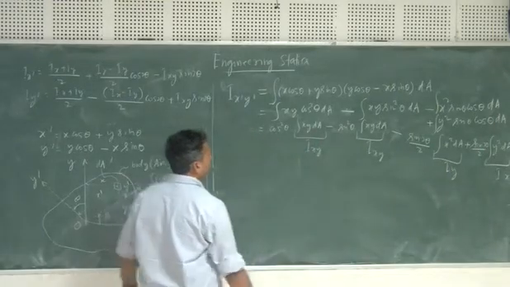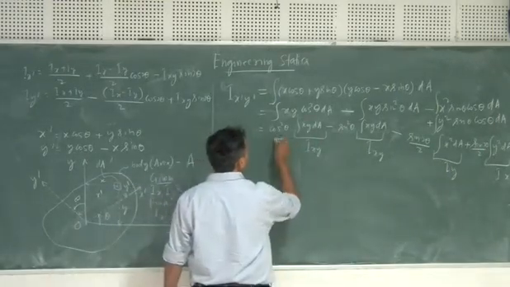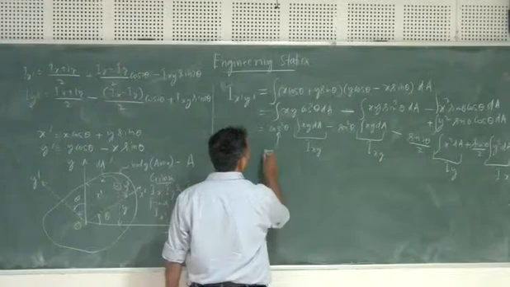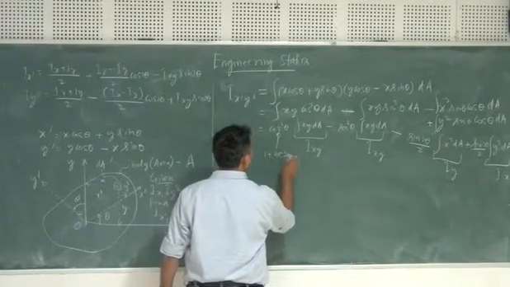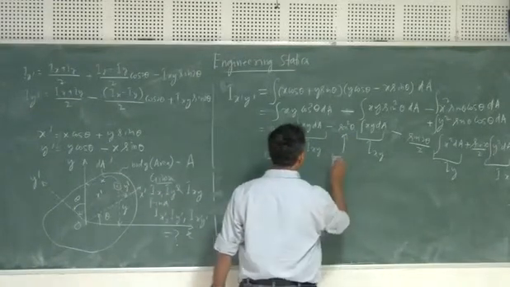So if you see this again, when you substitute here for 1 plus cos, here 1 minus.